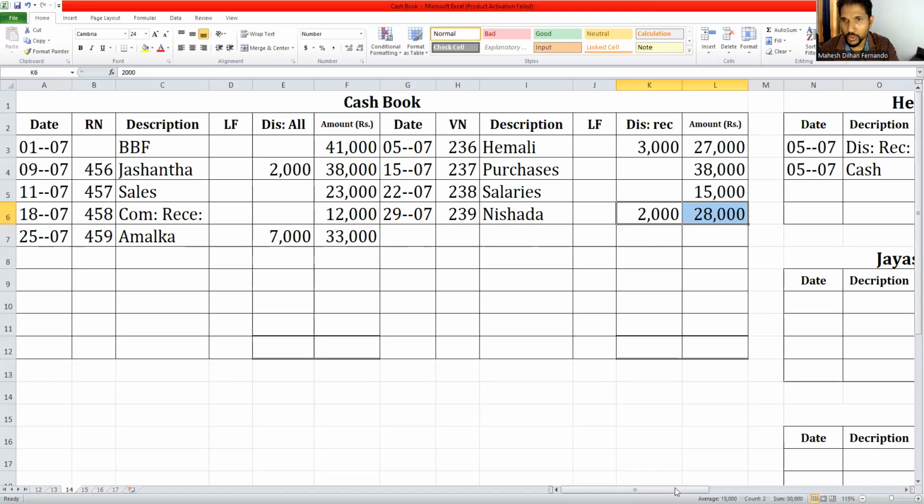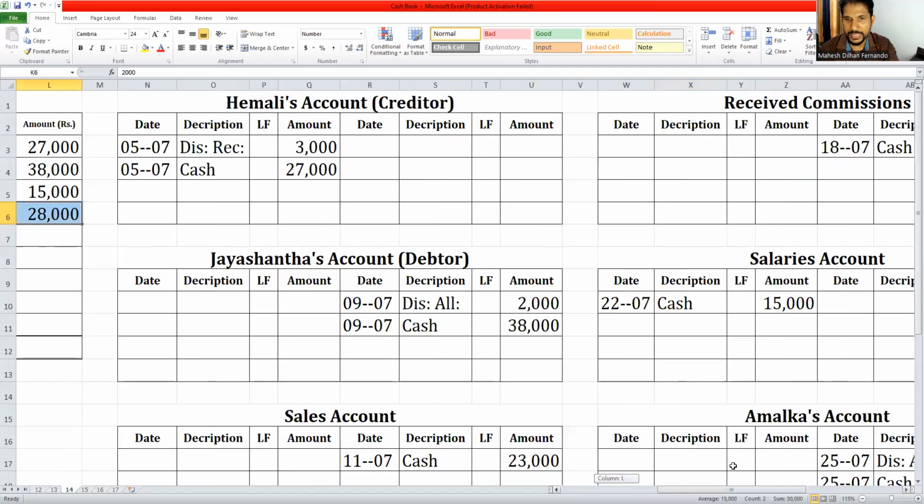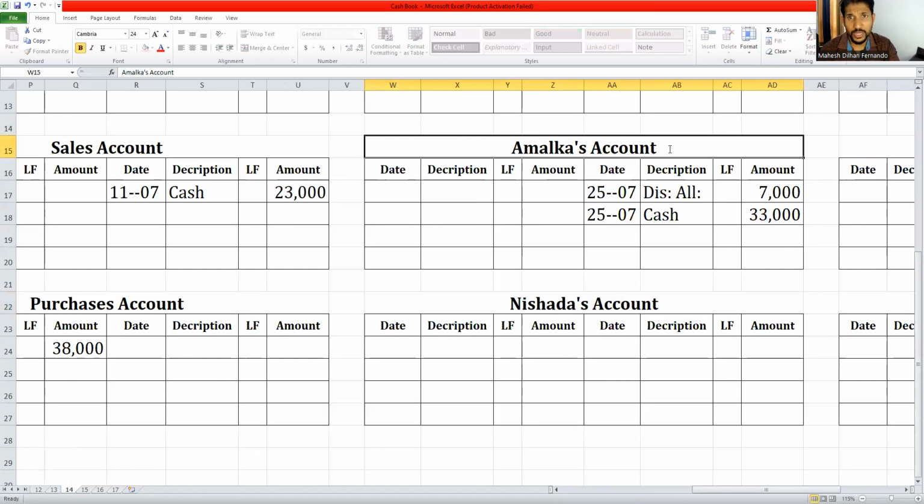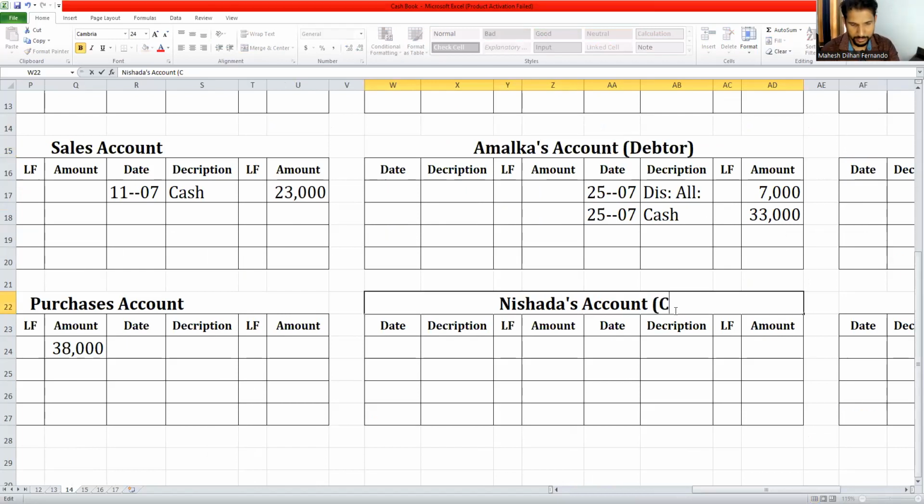Now what we have to do? Update the personal account of Nishad. Nishad's account. I forgot to tell you that Amalka is a debtor and Nishad is a creditor. So the settlement date is 29th of July.